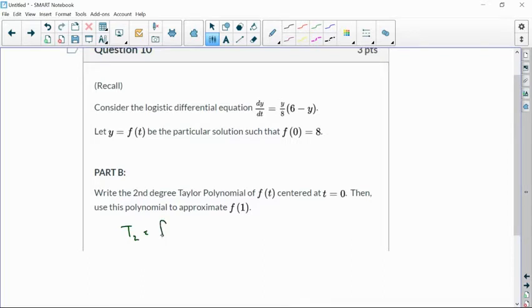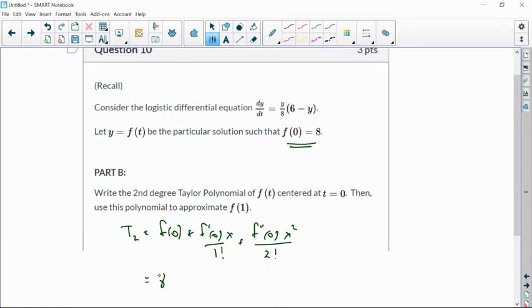So we're looking for f of 0 plus the derivative at 0 times x to the first power over 1 factorial, plus the second derivative at 0 times x squared over 2 factorial. It does tell us that f of 0 is 8. Great, so we can fill that in.